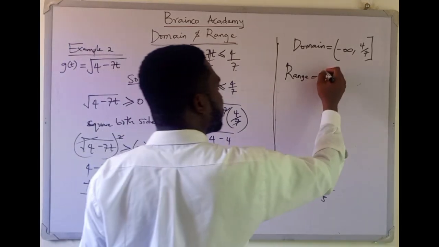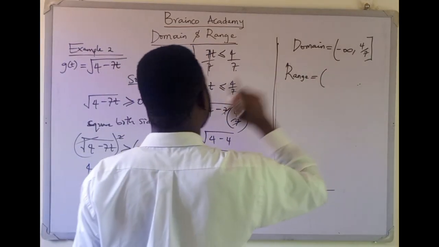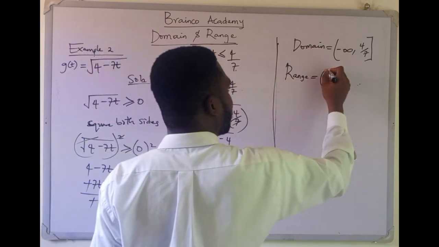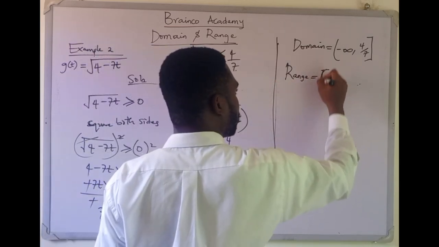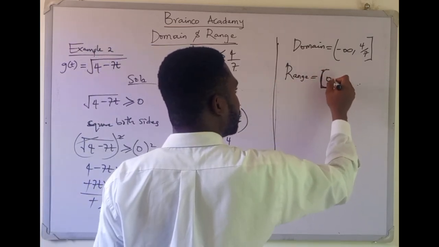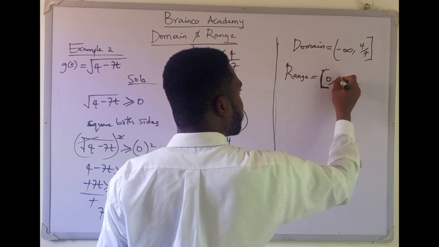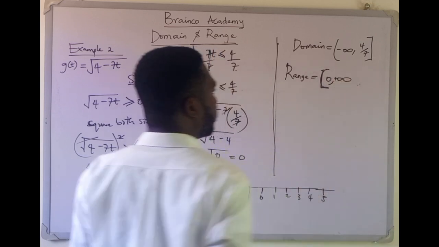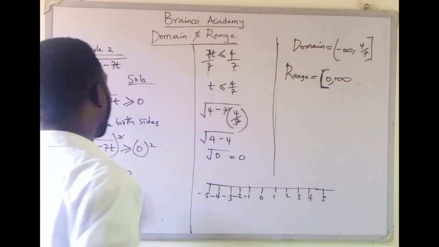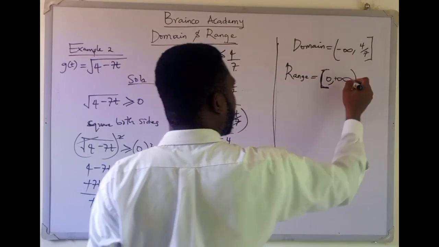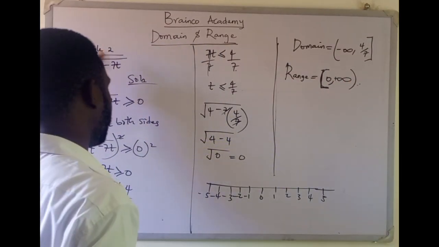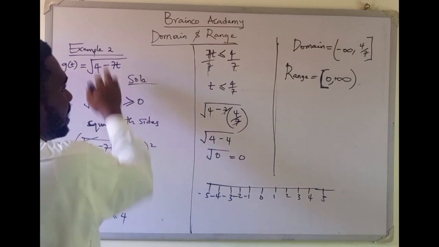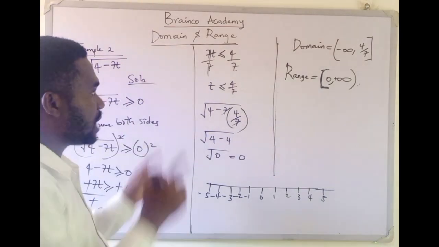So we can say from 0, we use this closed bracket, 0 comma positive infinity. We can have a positive number out of this square root, but we can't have a negative number. So that's the answer.